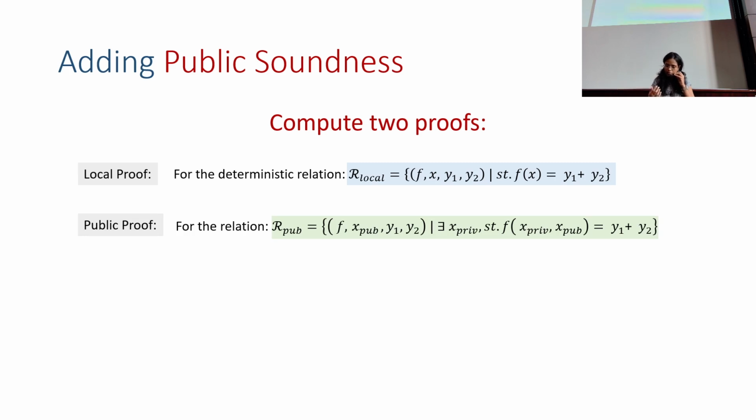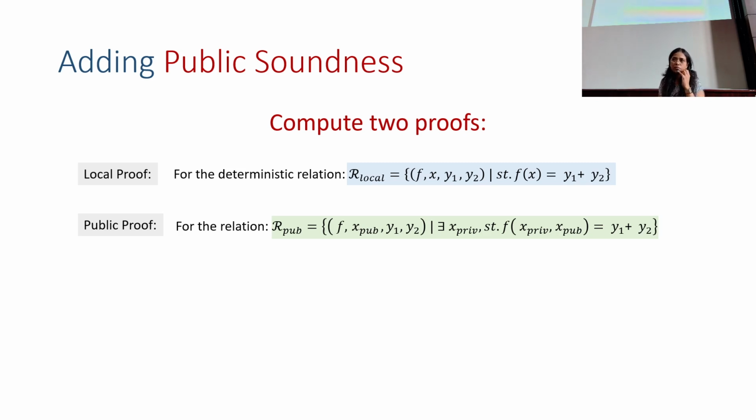And this public proof is going to be for the following relation. As before, we're going to assume that our input has two components, a public component and a private component. And the relation that is going to be proved using the second public proof is that there exists some private part of the input X, such that F on the private part of X and public part of X is equal to the candidate output.